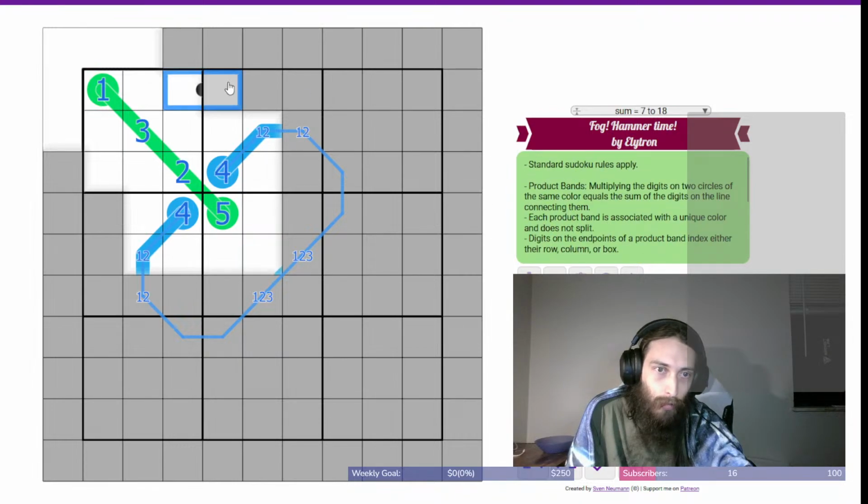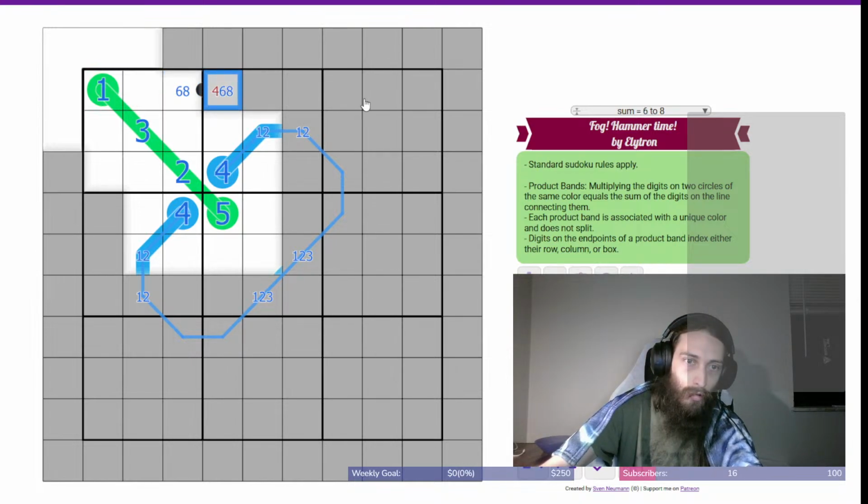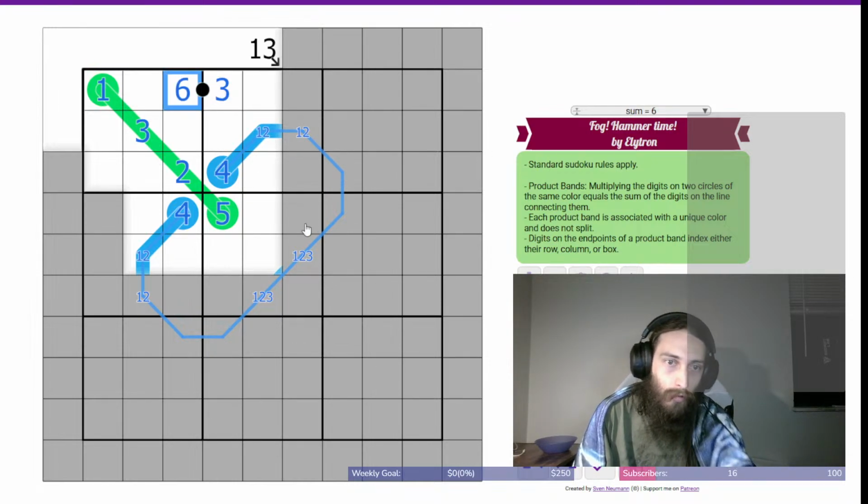That gives us 1, 2, 3, 4, 6, 8, where this one is not any of the low digits, so this cannot be 1, 2, or 3. Nor can it be 4, 6, or 8. The 4 because of that, and 6 and 8 don't connect to each other. So that's a 3, that's a 6.